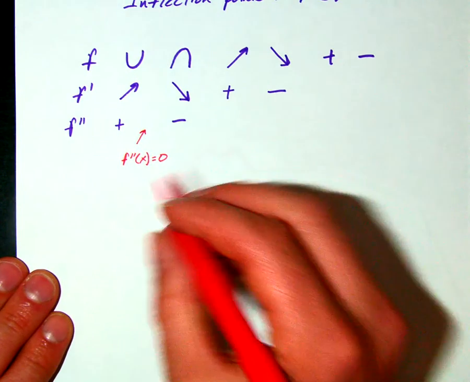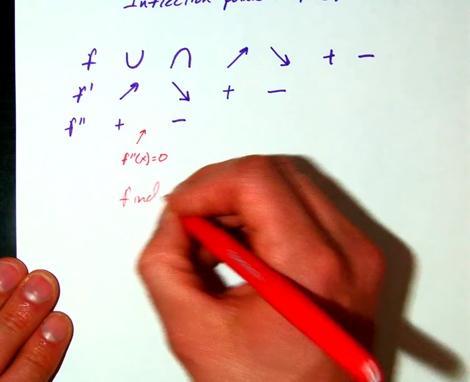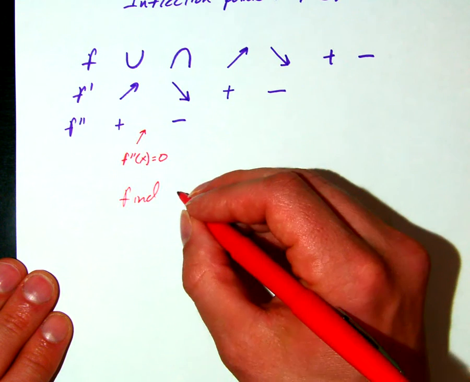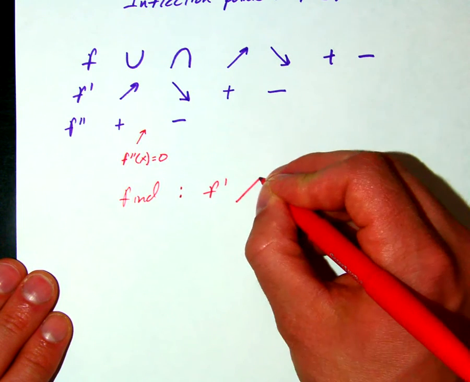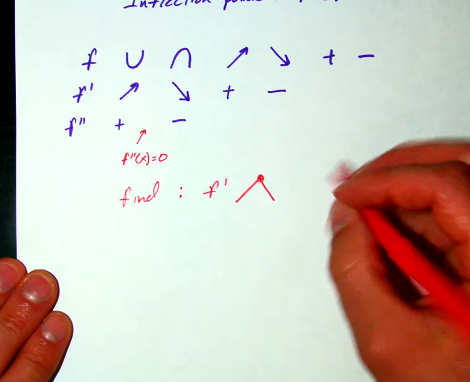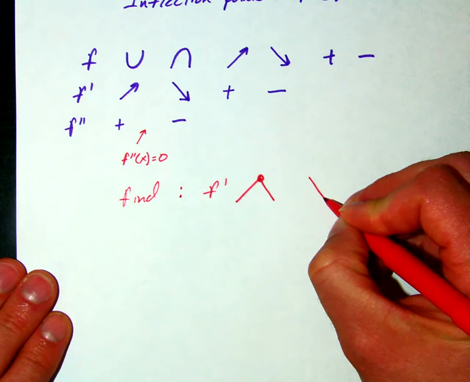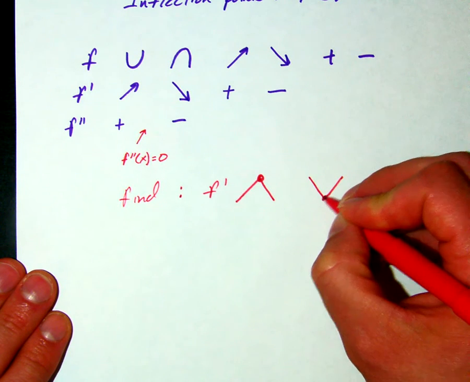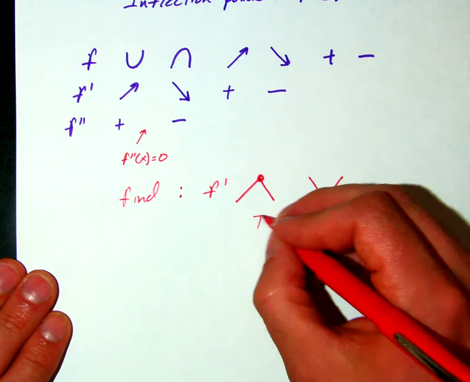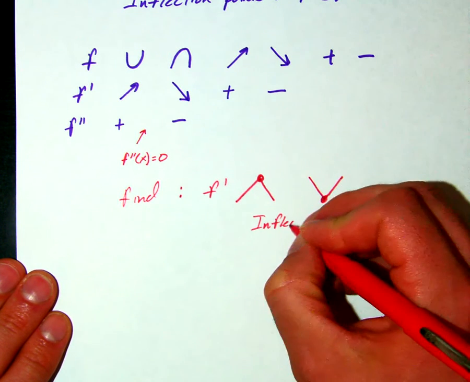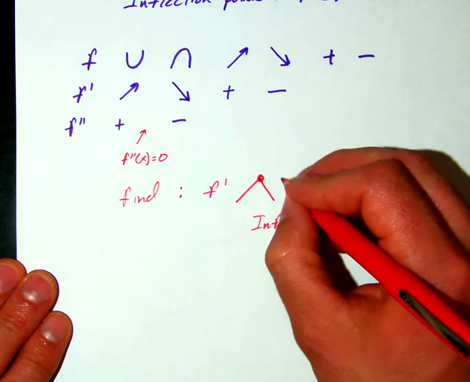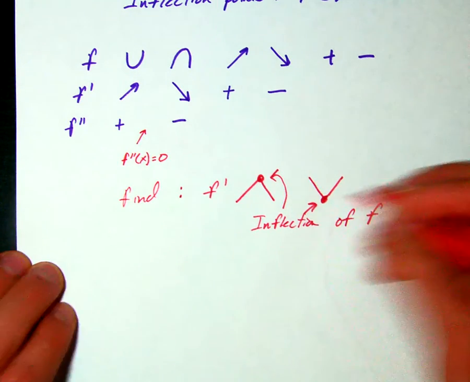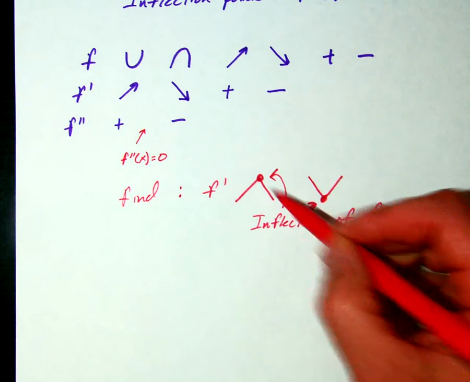So, we need to find something that looks like this. We need to find where f prime does that, or f prime does this. These would both be inflection points of f. Okay? Looking for a max or a min.